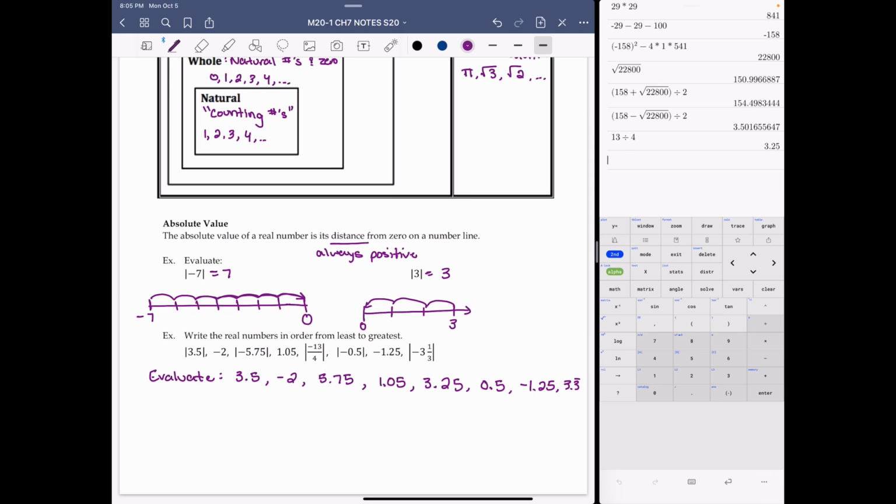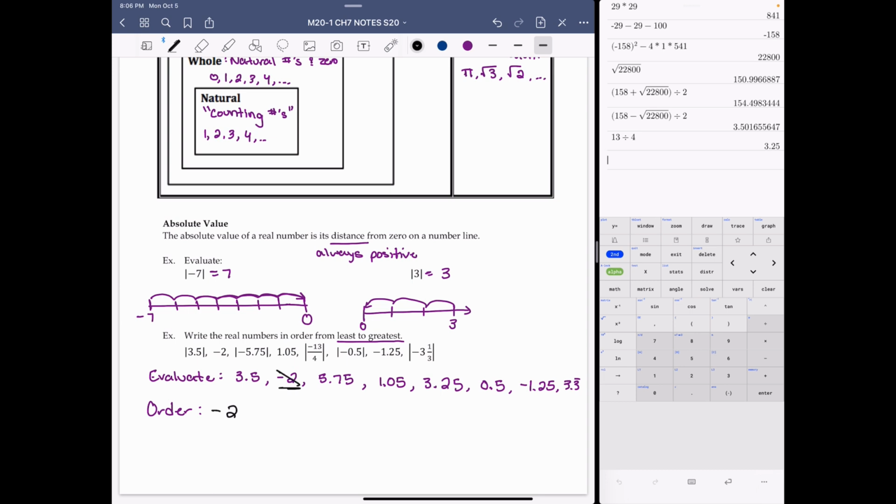Now that we've evaluated, we can order them. We're ordering from least to greatest. What is our smallest number? We have a couple negatives in here. So our smallest number is negative 2. Then we have another negative, so I'm going to cross them out as I go.